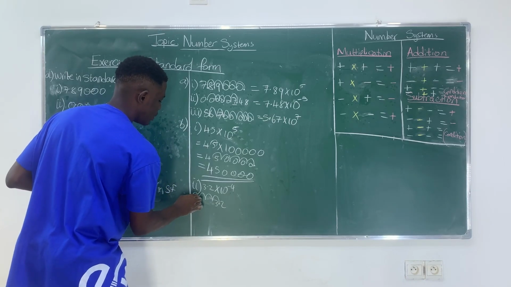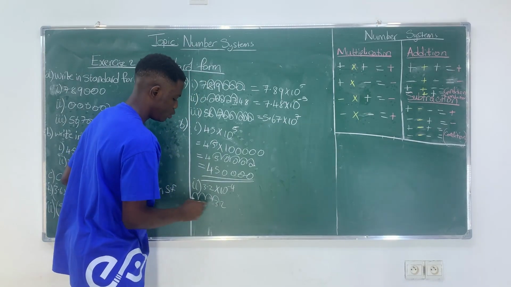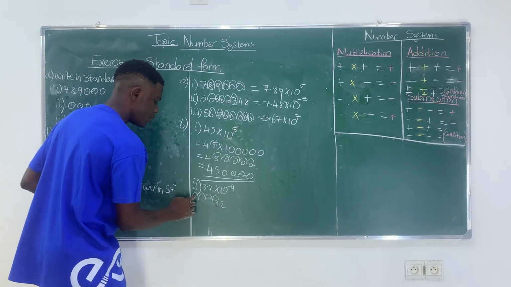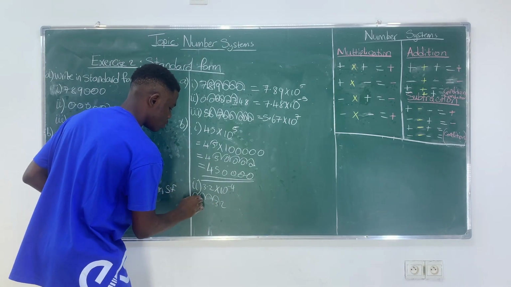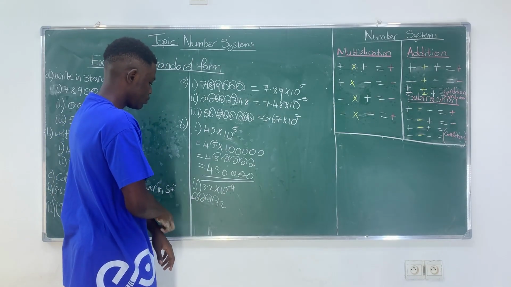4 means my decimal point will just be here. That is where my decimal point will be. So I fill my zeros in the holes here: 0, 0, 0.